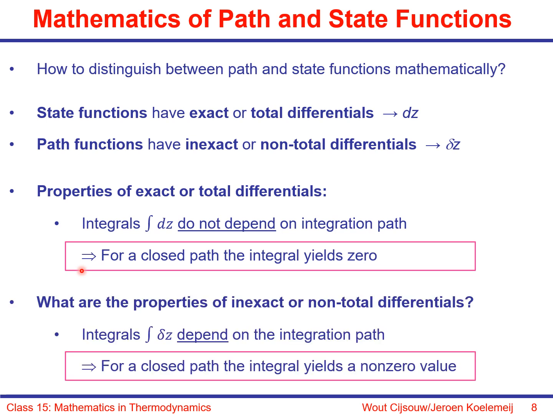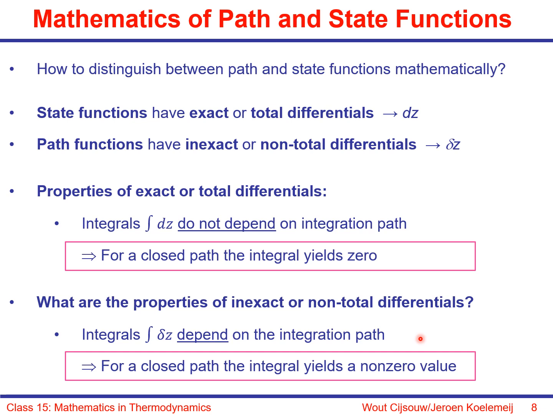Again, as opposed to path functions that are characterized by an inexact or non-total differential, if you integrate those, then you will find a value that does actually depend on the path of integration.